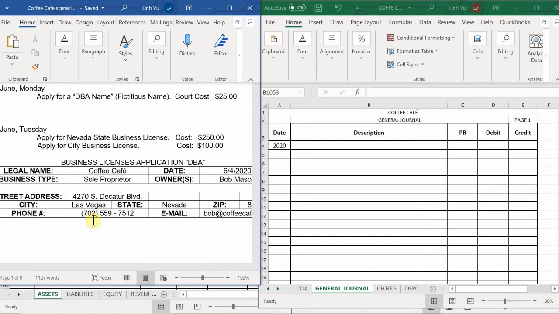So you need to apply to both and have permission from both the state and the local city to make sure that you are able to do business.